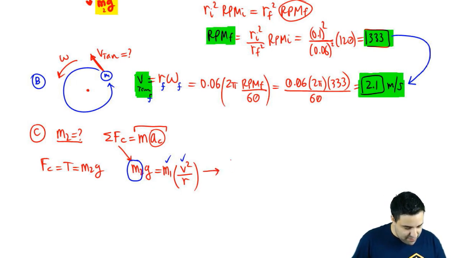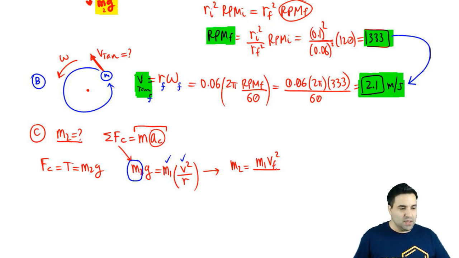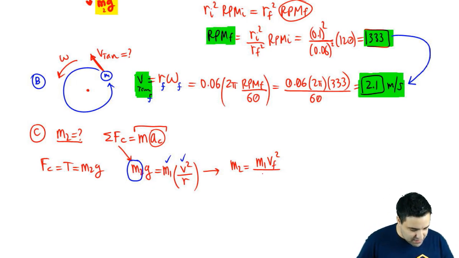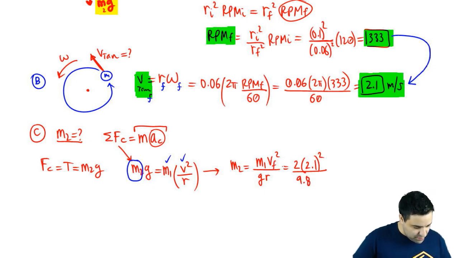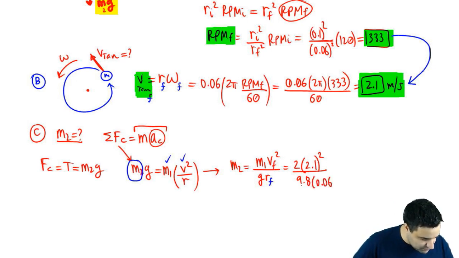So to solve for this, I have m2 equals m1 v final squared, because we want to know how much mass we need to support it with the new rotation, and that is divided by g r. Okay? So m1 is 2. The velocity we found is 2.1 squared. g is 9.8. And obviously, if we're talking about v final, we're talking about r final as well. r final is 0.06.